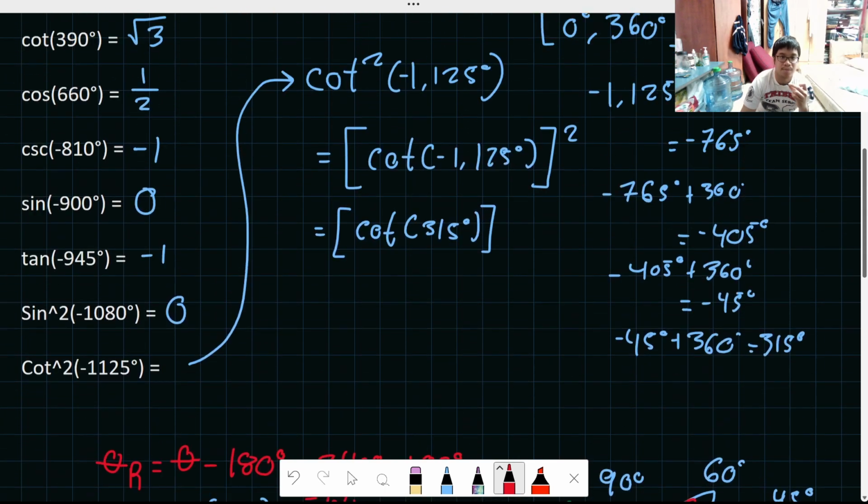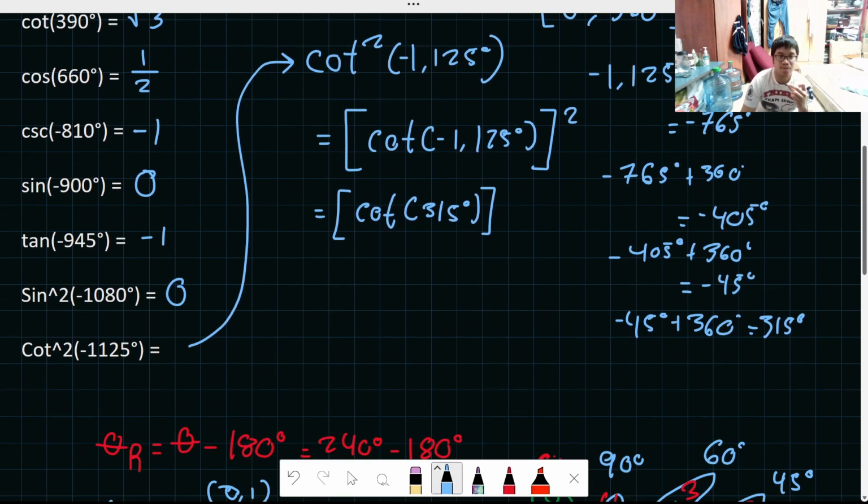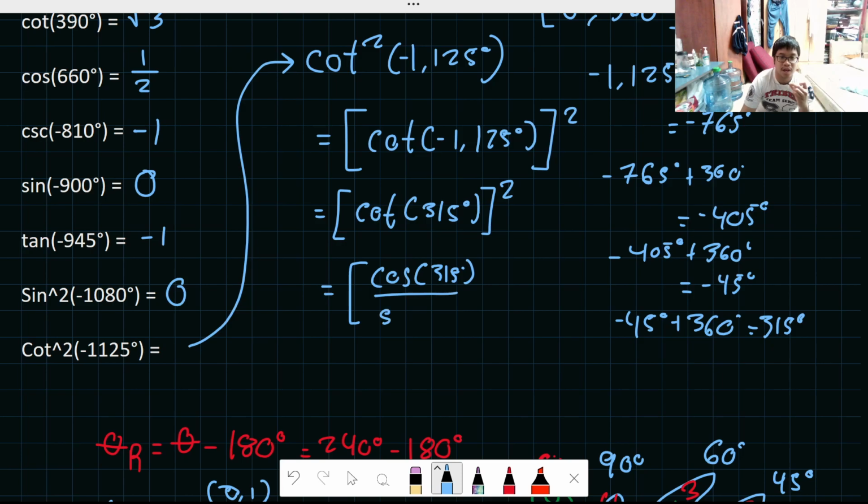But before that, we must convert this one into its sine and cosine form. Cotangent squared is just the same as the square of cosine of 315 degrees all over sine of 315 degrees. Cotangent is the same as cosine all over sine.